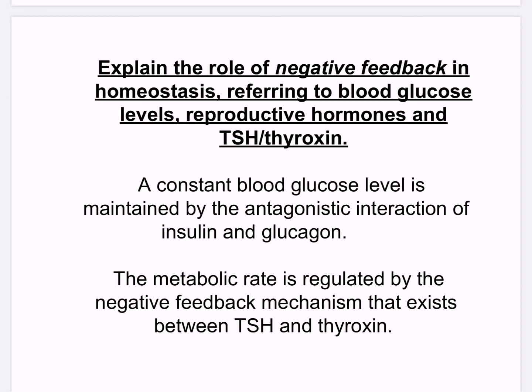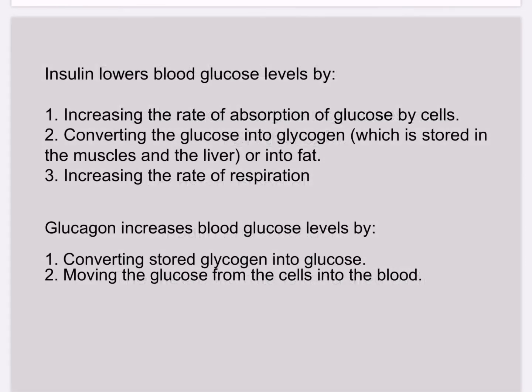So the first one is maintaining a constant blood glucose level. This is done by insulin increasing the rate of absorption of the glucose by the cells, increasing respiration rate, and also converting glucose into glycogen, which will be stored in the muscles or in the liver.